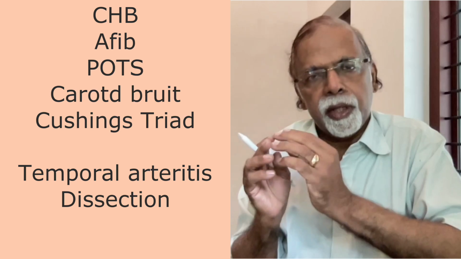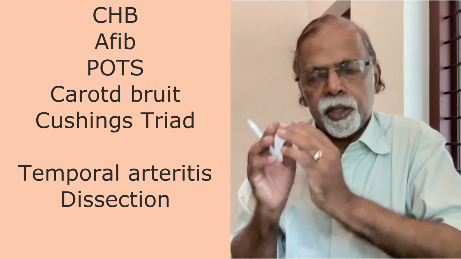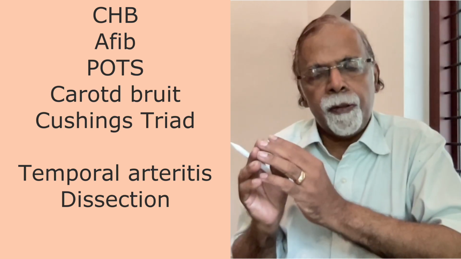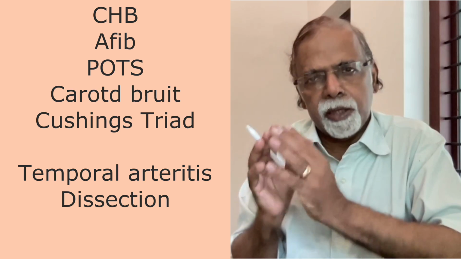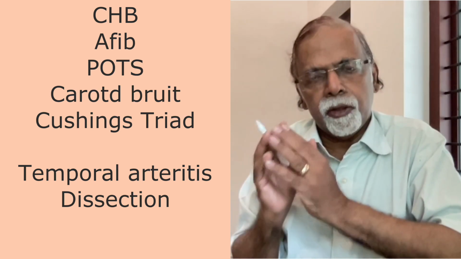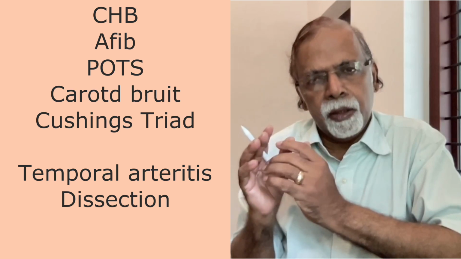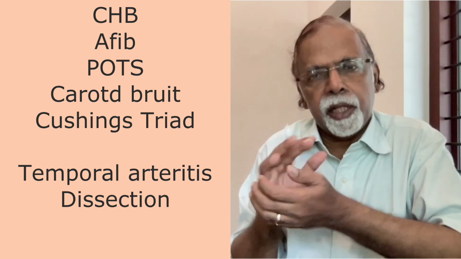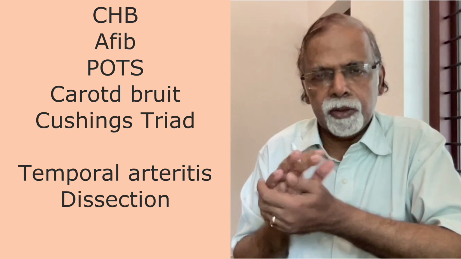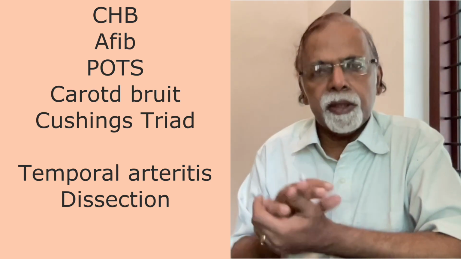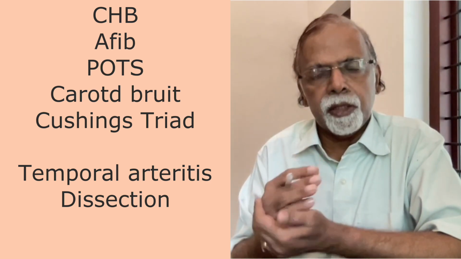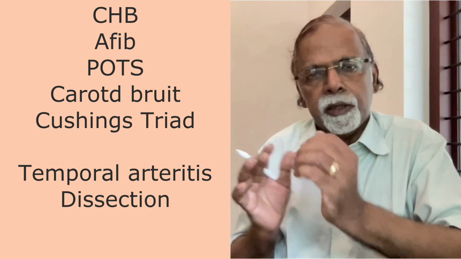Always auscultate the carotid artery, looking for a carotid bruit in stroke patients. Any head injury, have a pulse and BP chart, and you should not miss features of the Cushing's triad. And a rare case, dissection: somebody comes with chest pain, don't miss dissection, or somebody with a stroke, especially left hemiplegia, always palpate both radial pulses.